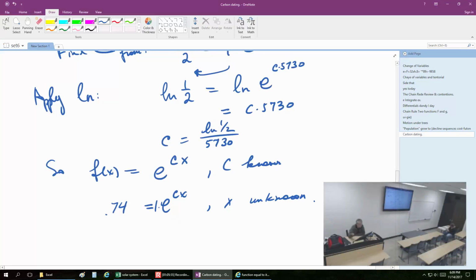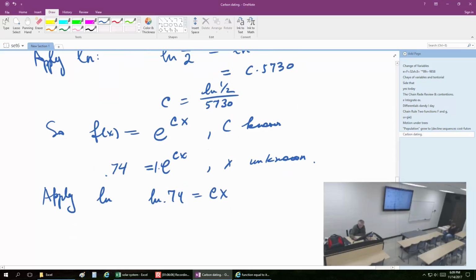The solution is once again the same: we apply ln, and ln 0.74 is equal to Cx. So x is equal to ln 0.74 divided by C, which is ln 0.74 divided by ln 1/2 times 5730. The answer I have here is roughly 2455.